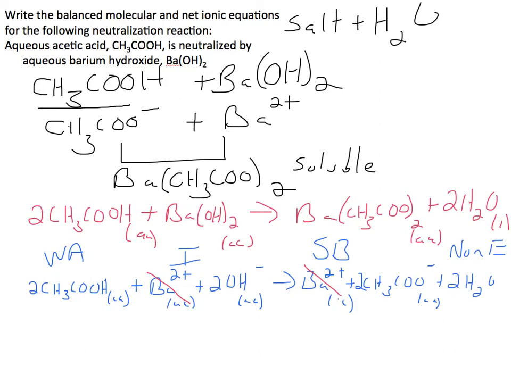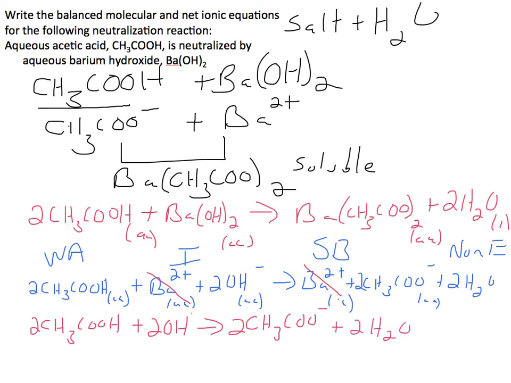And so at that point, we're going to end up with 2CH3COOH plus 2 hydroxide ions giving us 2CH3COO minus, or I'm sorry, CH3COO minus, plus 2H2O. Alright, and so the one thing you can note here is that these all have a 2, and so we can actually just reduce all those, and so you can remove that for your final answer.